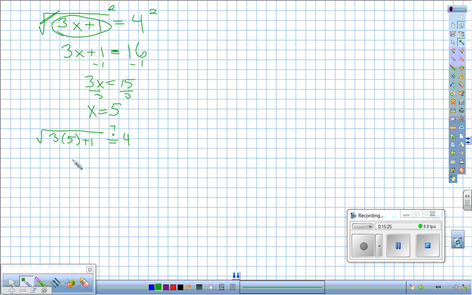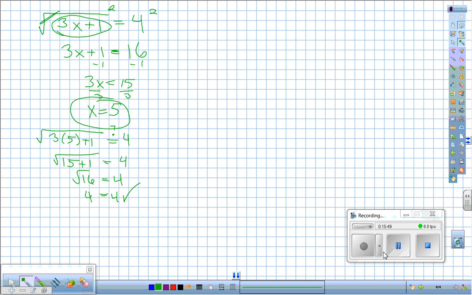This is my original equation that I plugged it into, always into your original equation. 3 times 5 is 15, plus 1 is 16. And then I'll have the square root of 16. Is that equal to 4 still? 4 is equal to 4. Good, my answer checks, so x equals 5 is a solution.